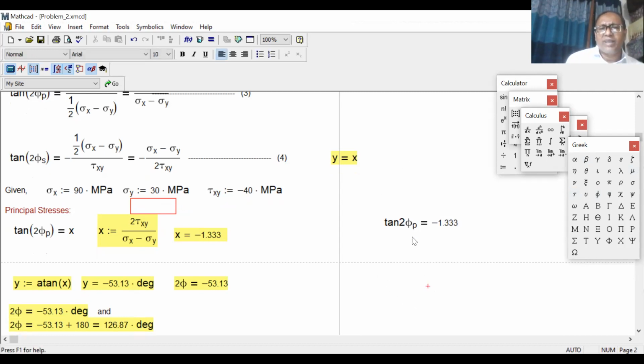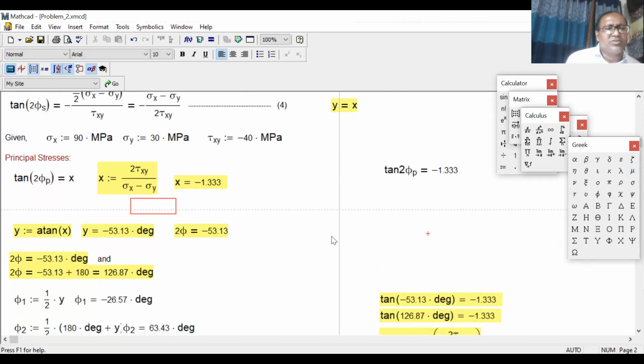Then by calculator you figure out the angle phi. So right over here, I put that angle. I got 2 phi p equal to minus 53.13 degrees.